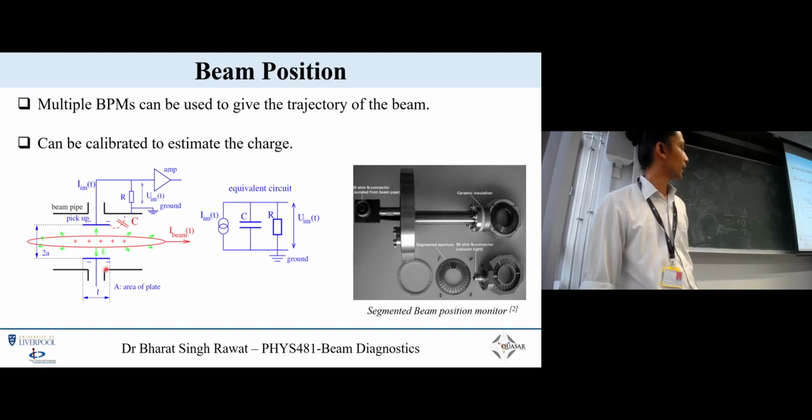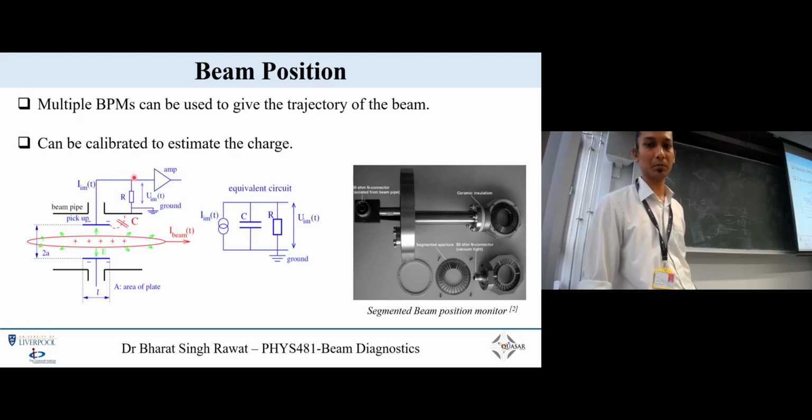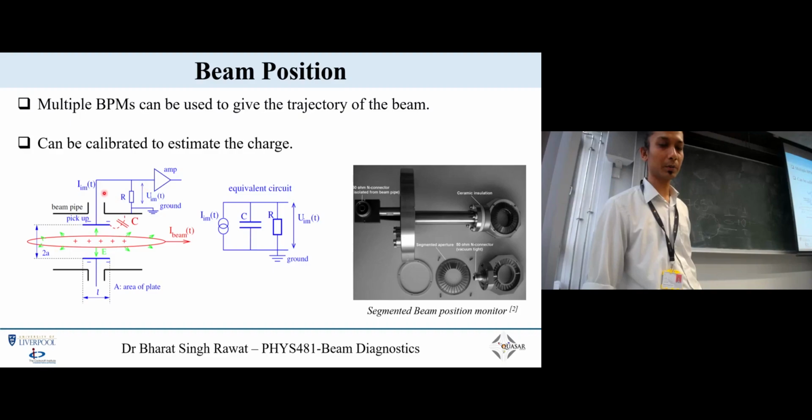An important and the most challenging part is to match the impedance of this capacitive pickup with these load wires. Usually these wires are 50 ohm, and you have to match the impedance of your entire beam position monitor with the transferring wire, because if you don't match it properly, there will be reflections in the signal and it causes errors in your measurement.